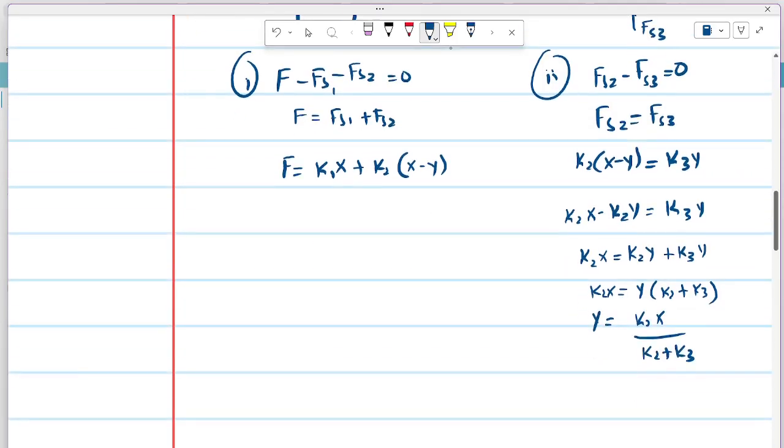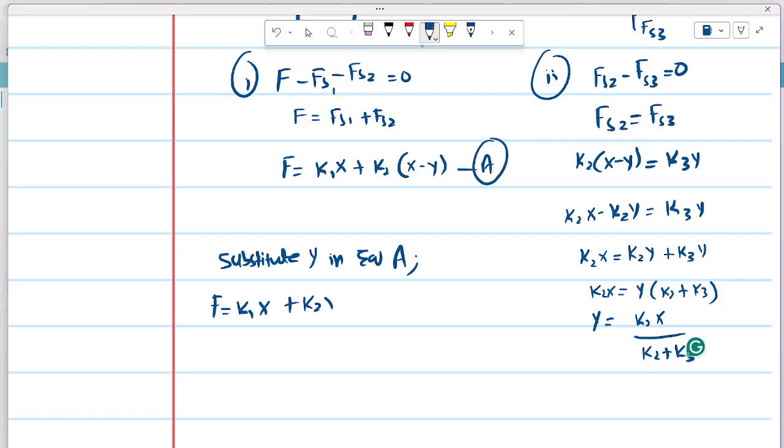Now we can substitute this y in equation 1, or call it equation A. That gives F equals K1 x plus K2 x minus K2 multiplied by K2 x over K2 plus K3.